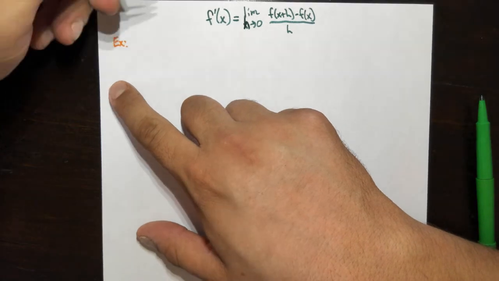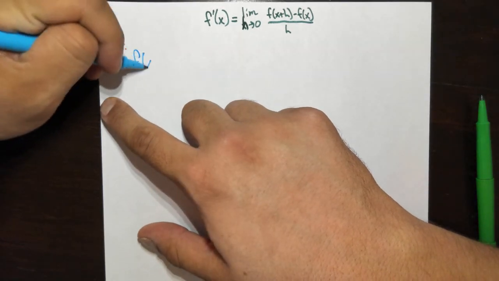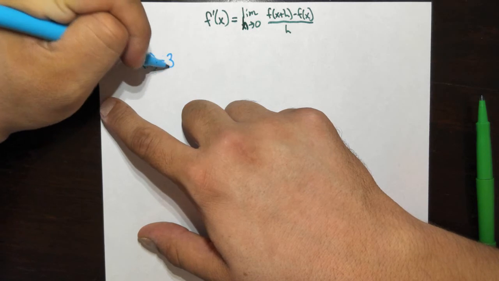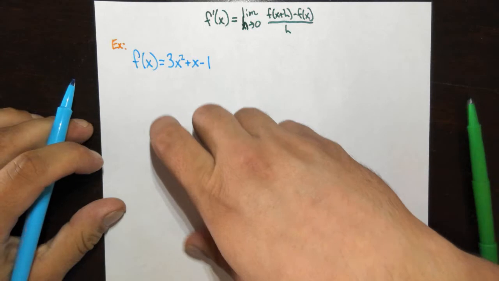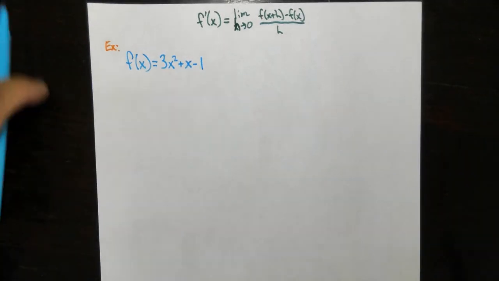So, we have f of x is equal to 3x squared plus x minus 1. Right off the bat, let's write out our f of x plus h.